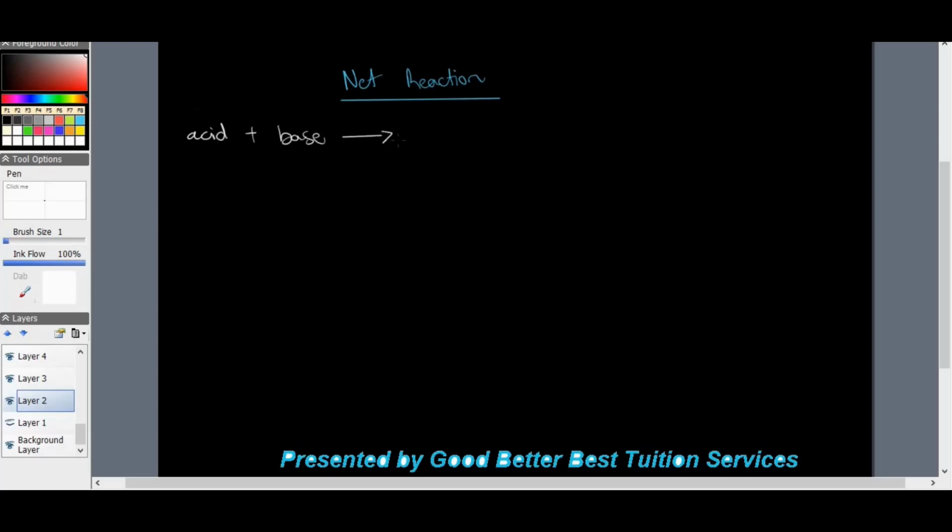Then what happens is that we end up with a conjugate acid plus a conjugate base. Sometimes the conjugate base is written first, which you'll see in an example now.